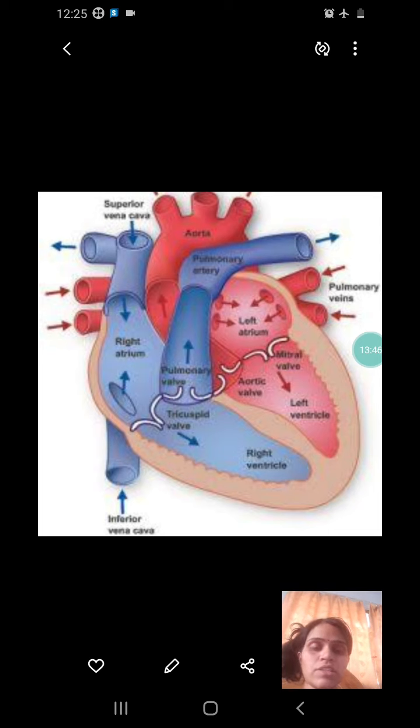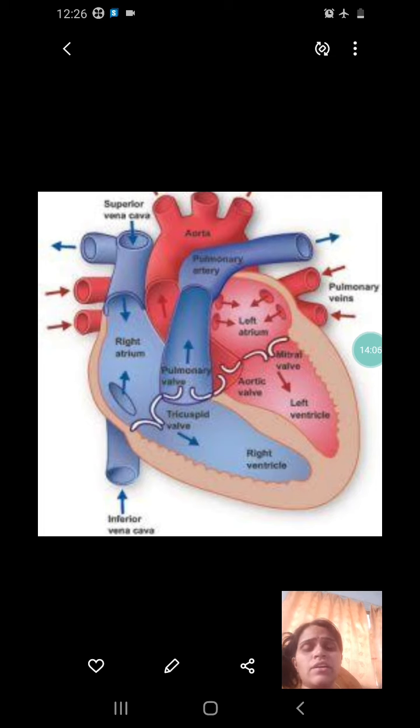After carrying oxygen, it returns back to the left atrium through the pulmonary vein, and after that from the left atrium it comes to the left ventricle through the bicuspid valve, and from the left ventricle it goes to the aorta and it passes to the different parts of our body.